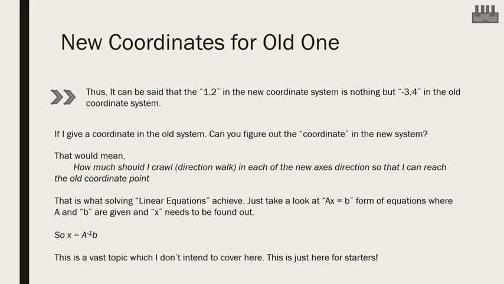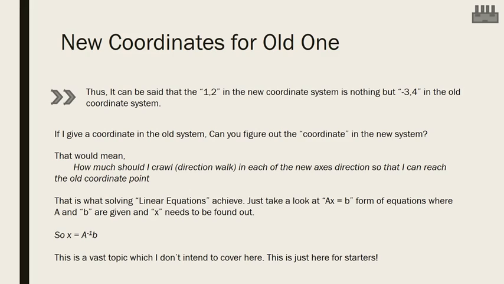What is the coordinate in the new system that corresponds to this old coordinate? That would essentially mean how much should I walk in each of these new axes so that I can reach the old coordinate point.